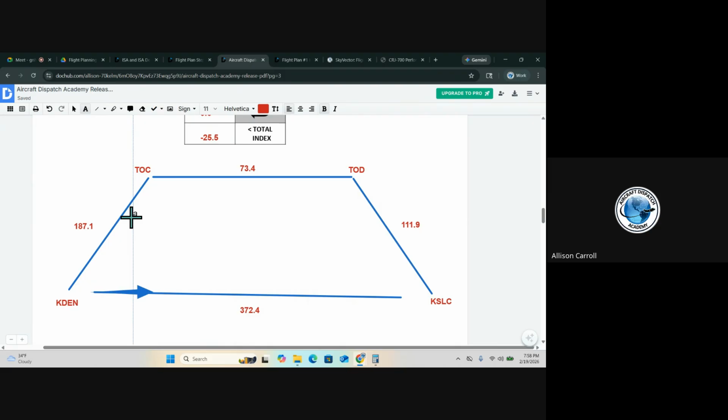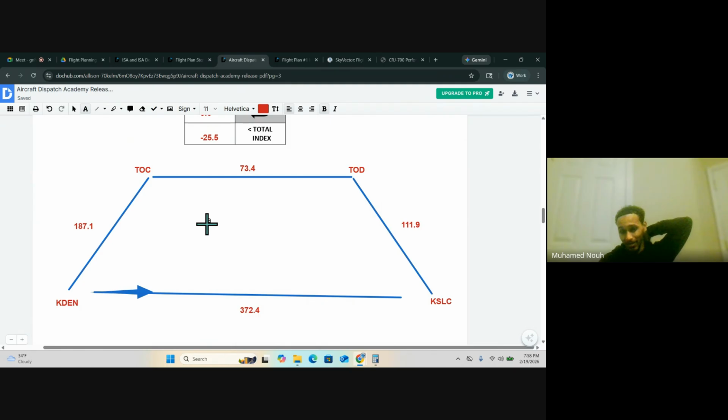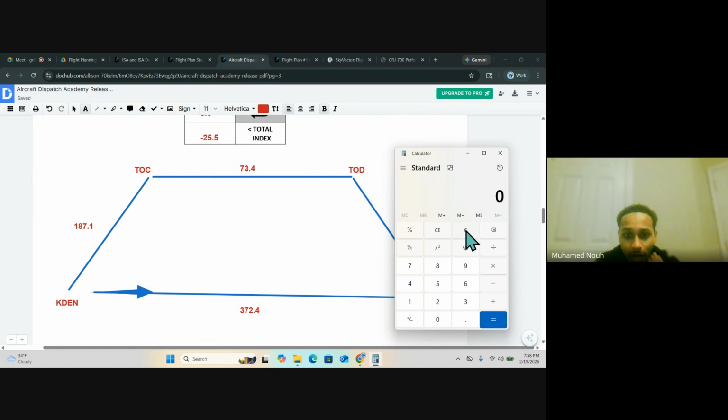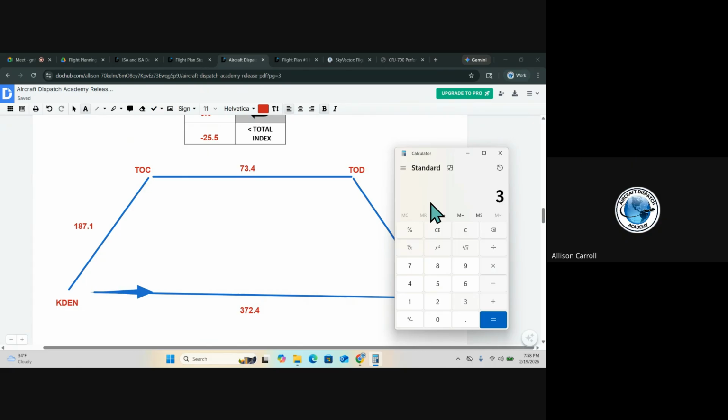If we roll, oh, go ahead. Because I don't know if you did 187.1. Oh, over here? Yeah, you put 185.3. Okay, so I took 372.4, which is the total, and I subtracted 187.1, which is the climb.